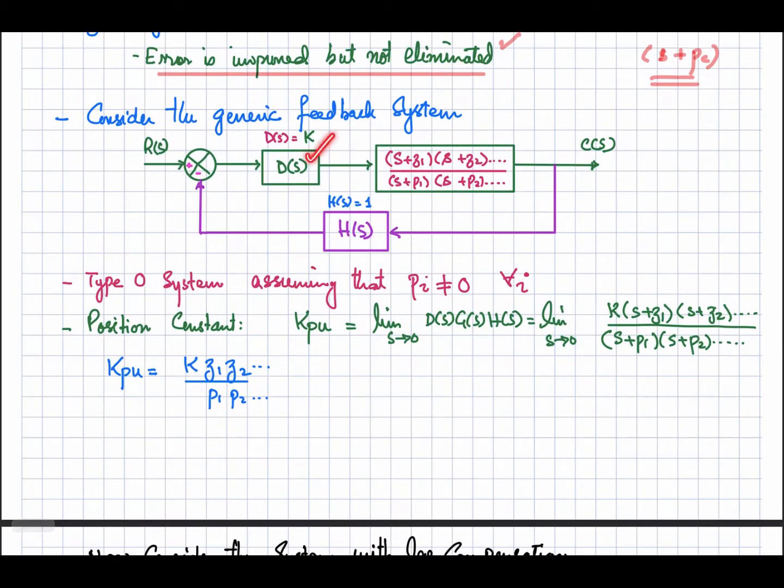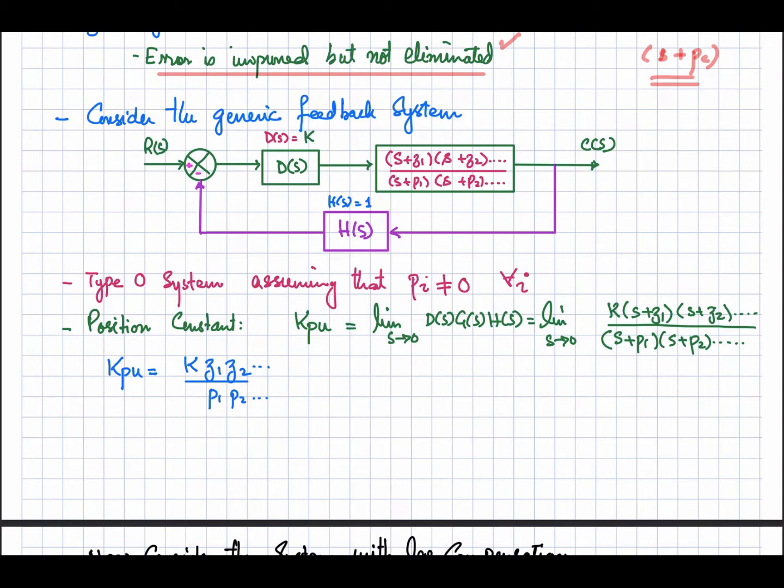Here you can see the compensator, and here is the system. The system consists of a number of zeros and a number of poles. And let's consider that it's a unity feedback system, then h of s will be equal to 1.